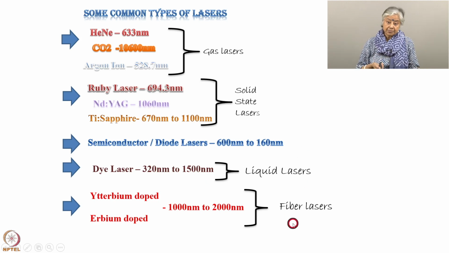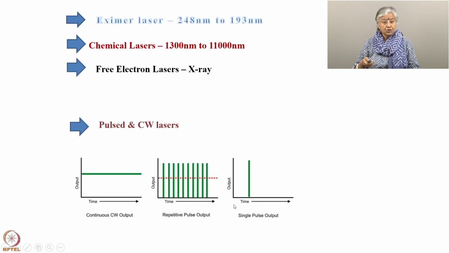And then you have the fiber laser made of ytterbium doped fiber or erbium doped fiber, and with these you can get lasing action from 1000 nanometer to 2000 nanometer. Then you have the excimer laser.